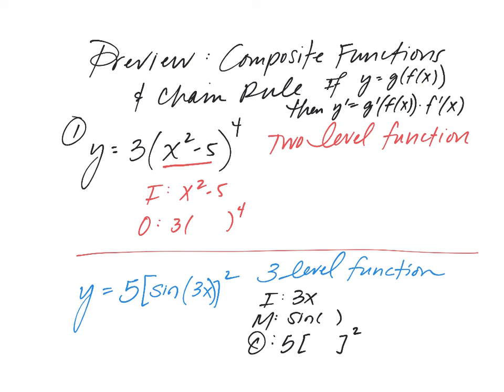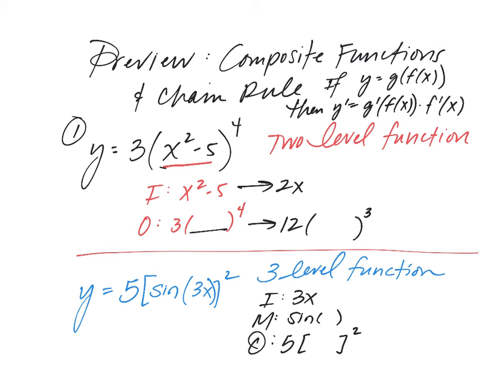Starting with number 1 here. If I were going to use the chain rule, the derivative of the inside would be 2x. So the derivative of x squared is 2x. The derivative of minus 5 is 0. The derivative of the outside would be 12 times the quantity to the third power. Okay, so I bring the power down, I go to 1 less power, and then here's the cool part.